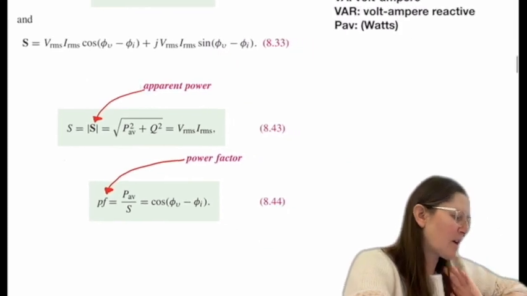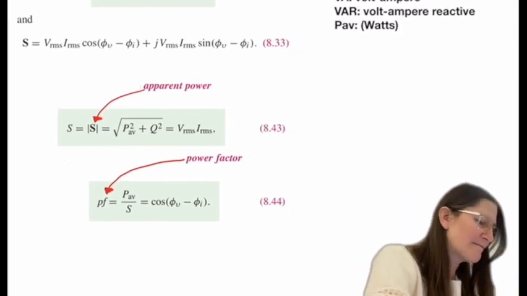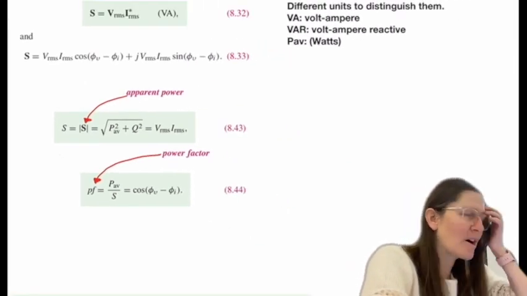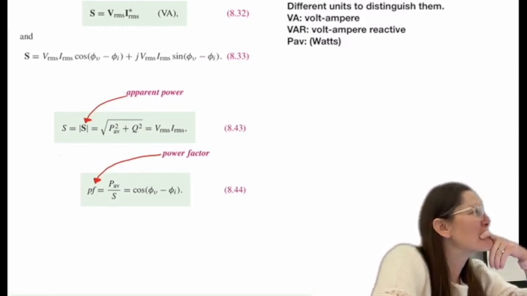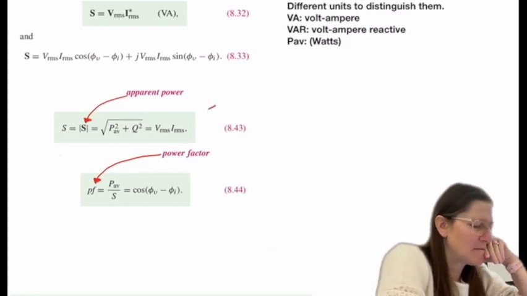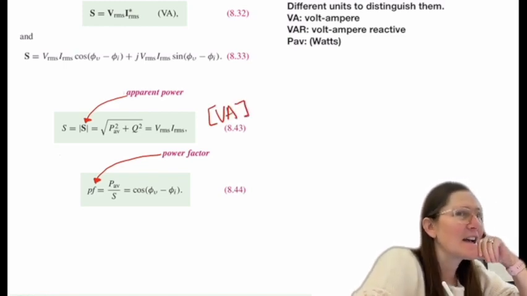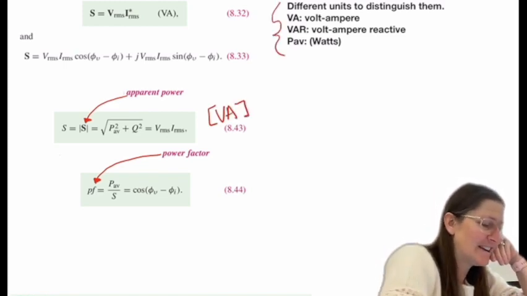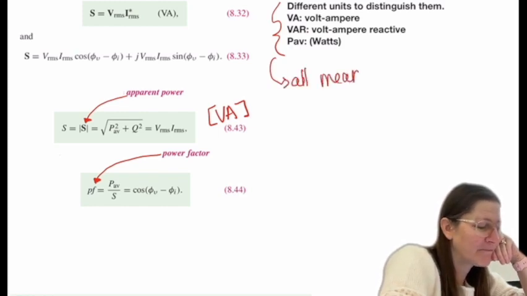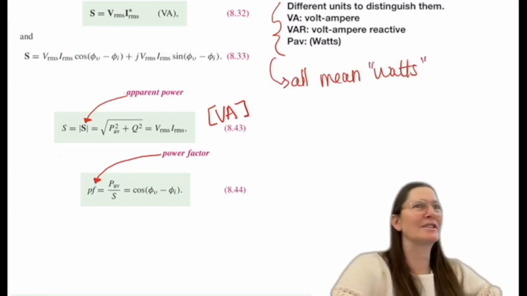And then we have apparent power. Do you guys remember what unit you use for complex power? Volt ampere, VA. Again, these all mean power, just different terminology for them.